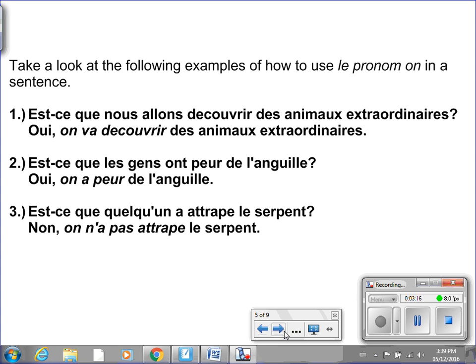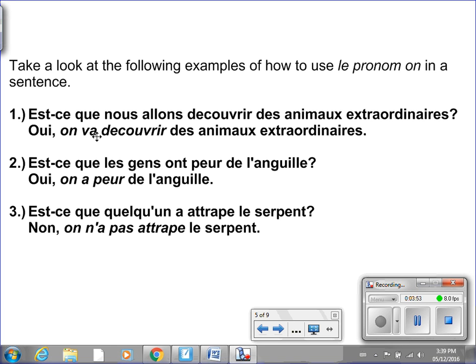I've given you 3 examples here that show you how we change a sentence so that it uses le pronom on. So in the first example, est-ce que nous allons découvrir des animaux extraordinaires? Can we discover extraordinary animals? So we can write oui. On va découvrir des animaux extraordinaires. Yes, one can discover extraordinary animals.